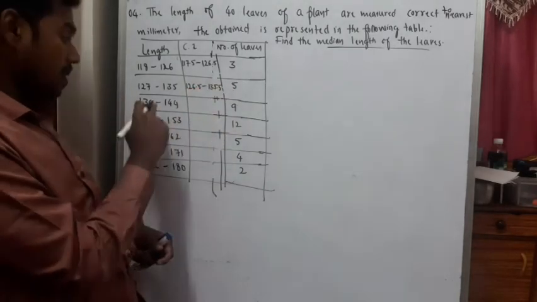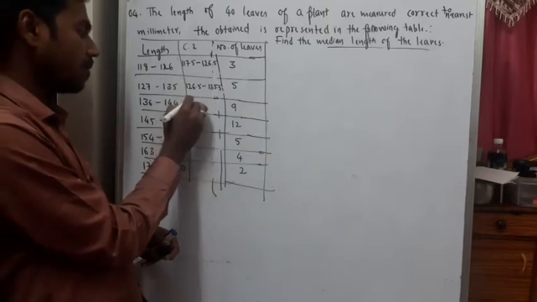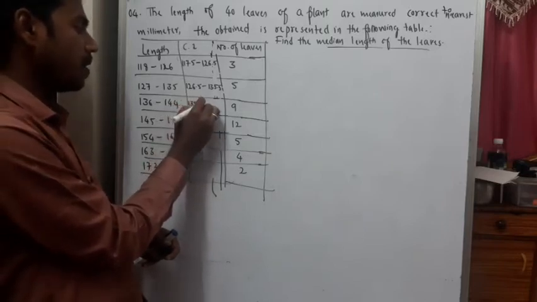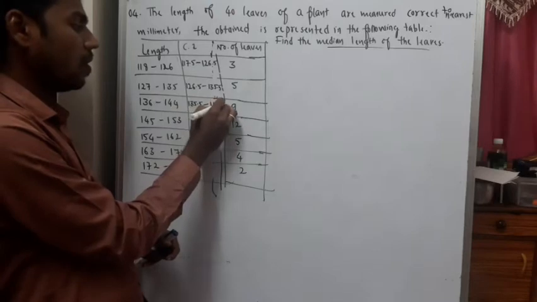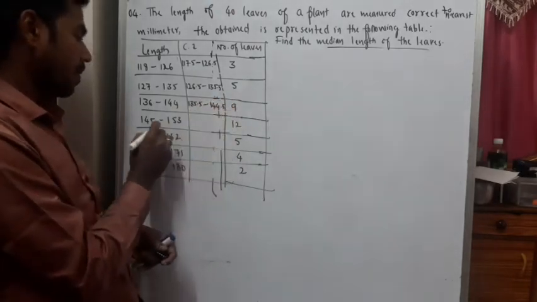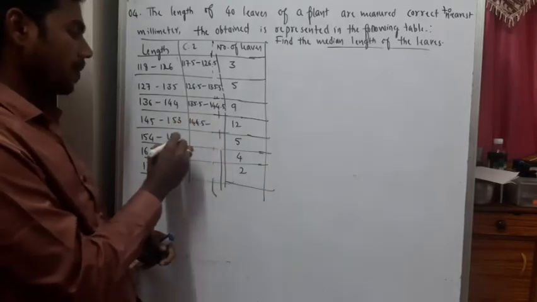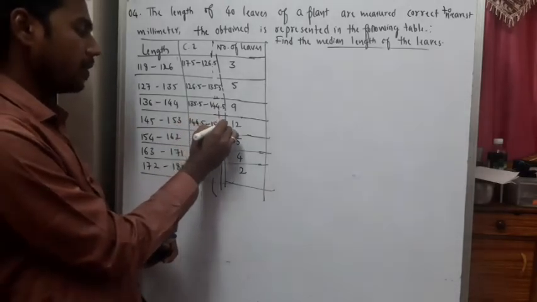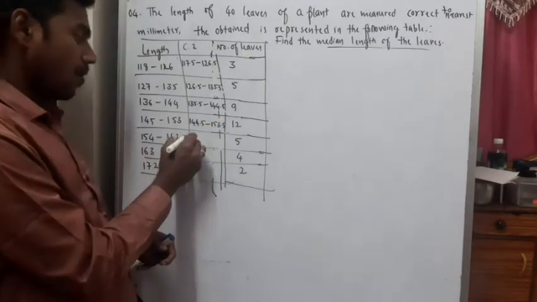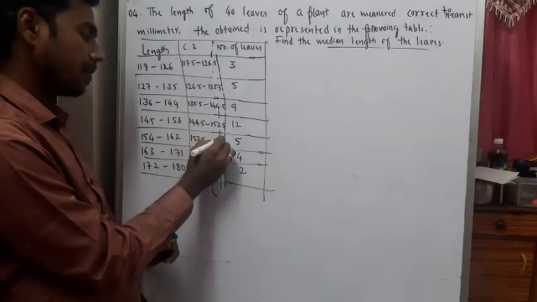Next, 127 to 135 becomes... for 136, subtract 0.5, that is 135.5 to 144.5. Next, 144.5 to 153.5. Next, 153.5 to 162.5.